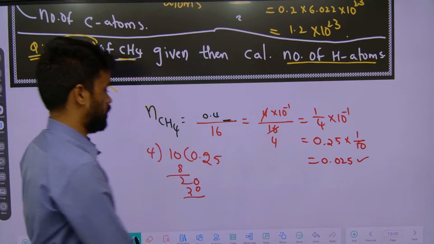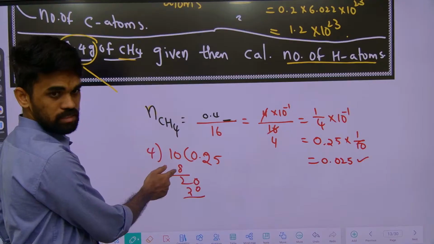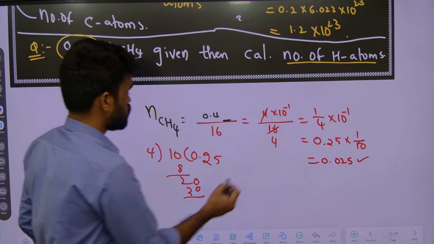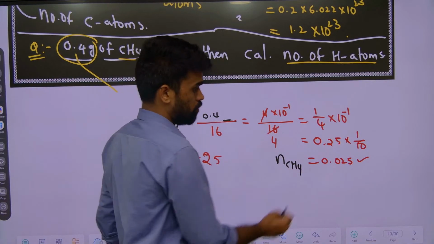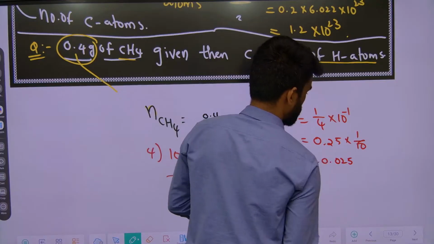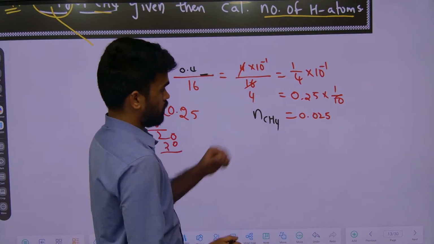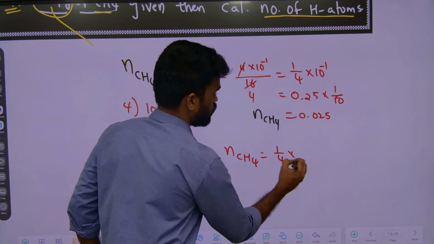Okay, done. Moles we got, but I am not asking about moles. I am asking about hydrogen atoms. So methane moles we got. Next, what to do? So number of moles of methane is 1 by 4 into 10 power minus 1.